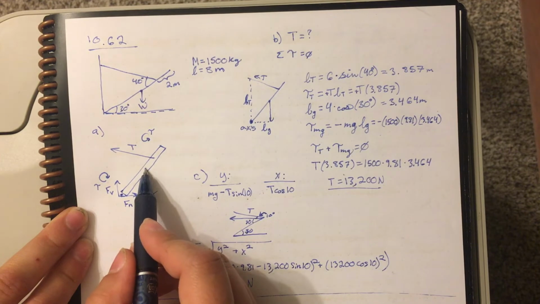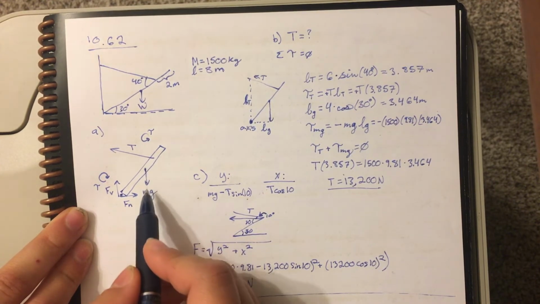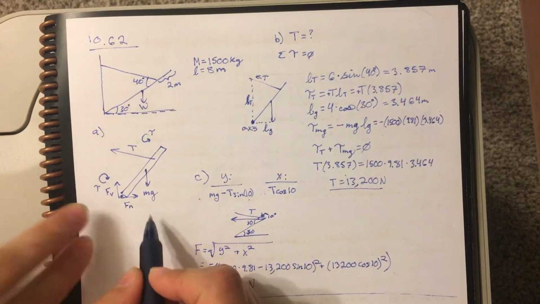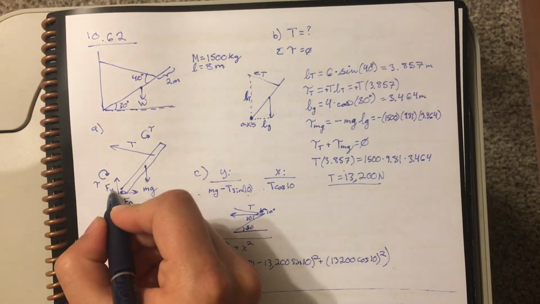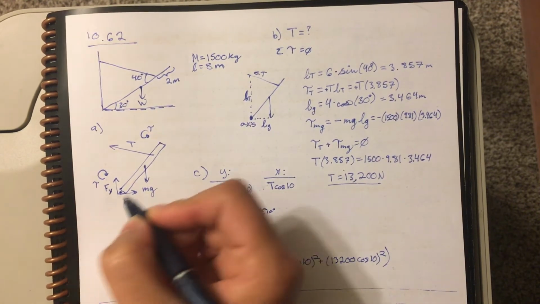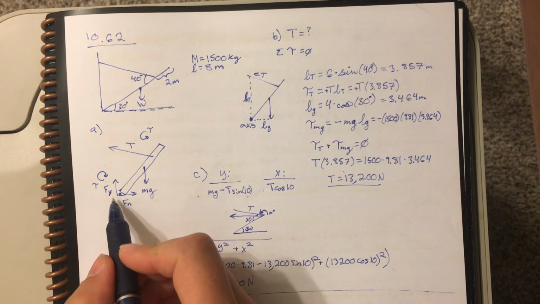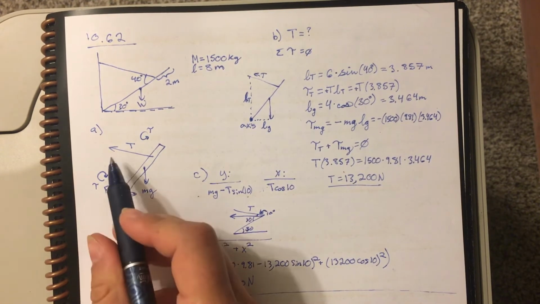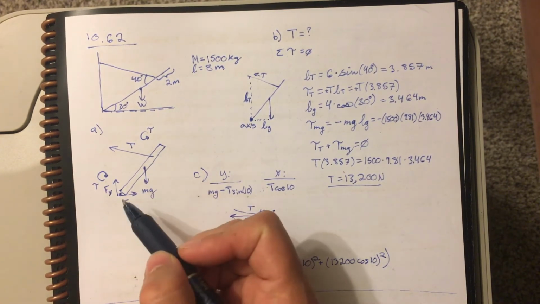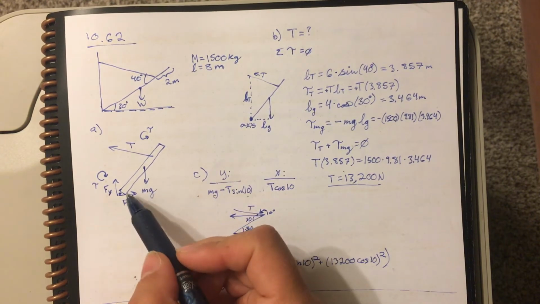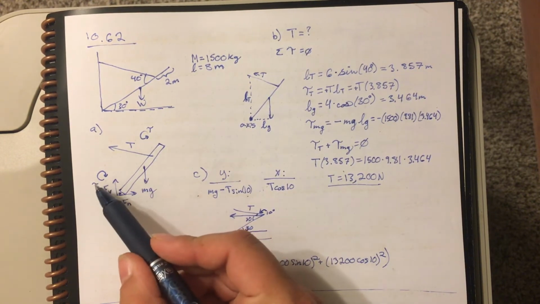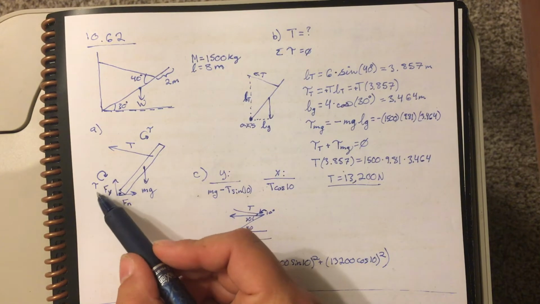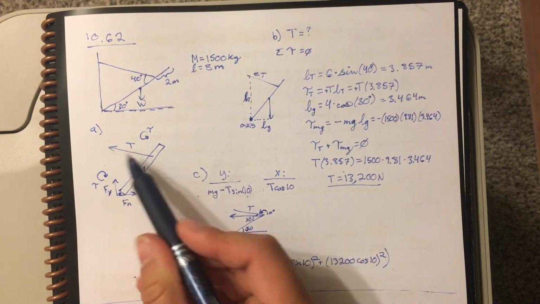Since it's uniform, it's going to be at the center of the beam, and you just put that downwards. And over here you've got Fy at the axle going upwards, right? And then you've got it upwards because it's following the torque direction that has to go the opposite way.